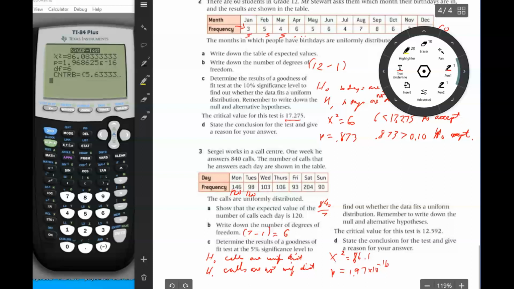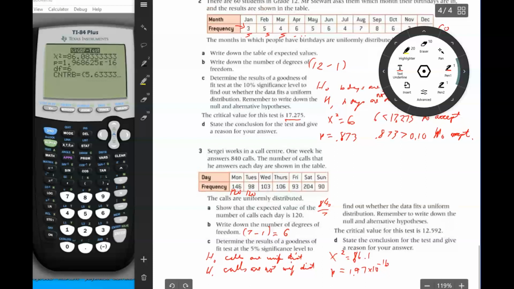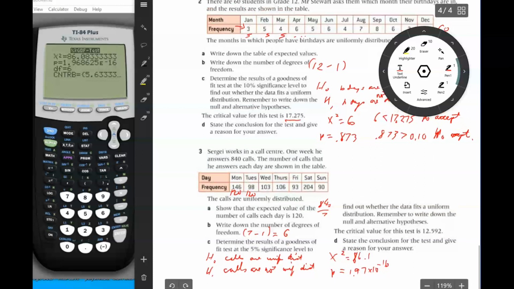Okay, and in this particular case, the chi-squared value is much greater than the critical value of 12.592, right? So the null hypothesis is rejected. And same with the p-value. The p-value is much smaller than the significance level, which is 0.05. So again, the null hypothesis is rejected.